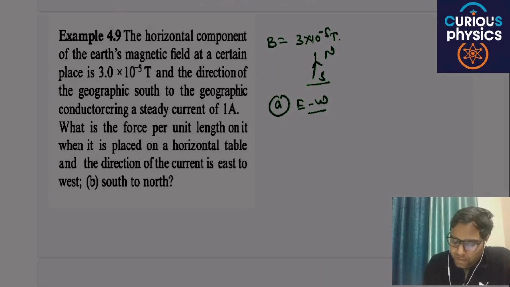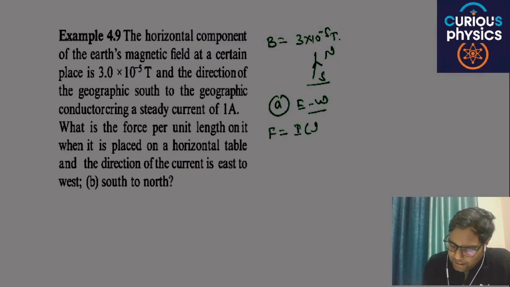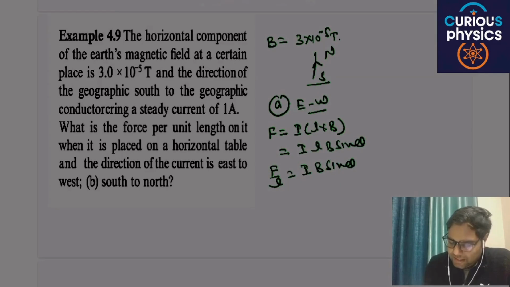So the value of force per unit length is nothing but IL cross B, which is ILB sine theta, and force per unit length will be IB sine theta. In the first case, the direction of current is east-west and the magnetic field is south-north, so theta is 90 degrees.